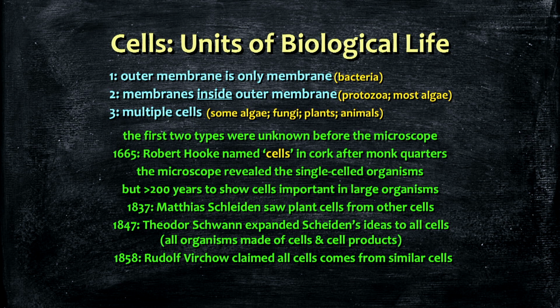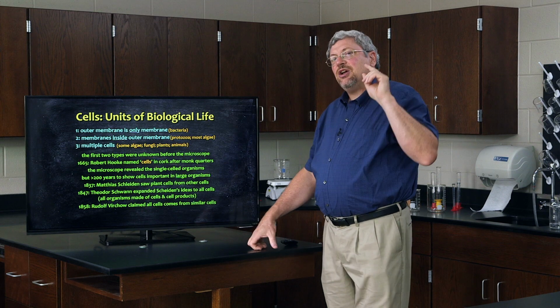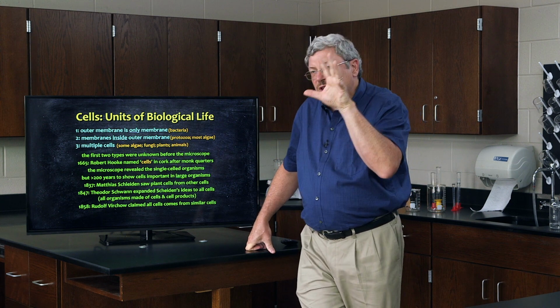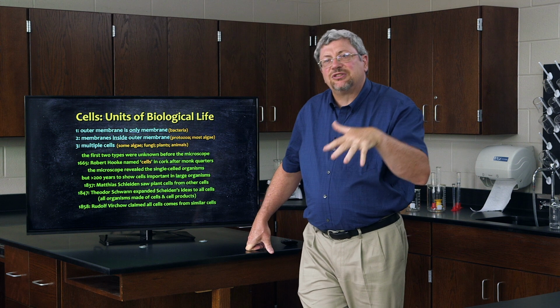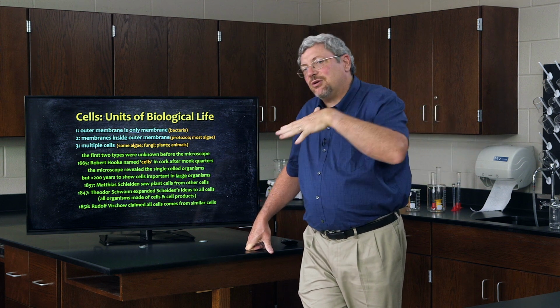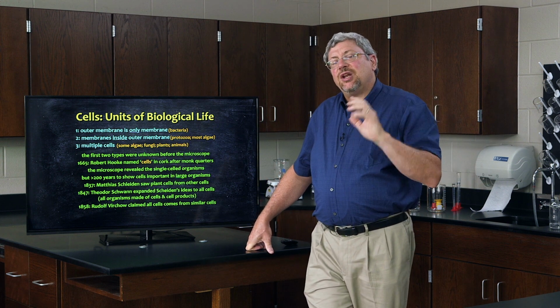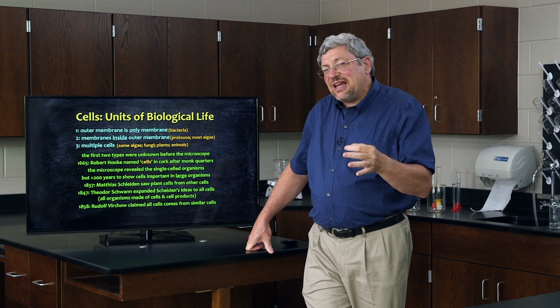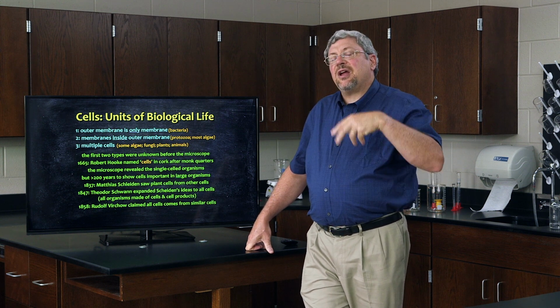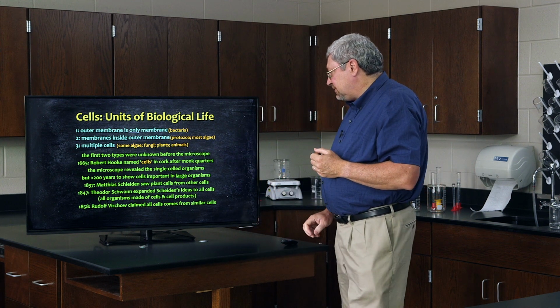He suggested that all organisms, regardless of their size, regardless of whether they are plants or animals or algae or protozoa, are made of cells. And perhaps some other things made by cells, but that ultimately organisms are all constructed of cells.